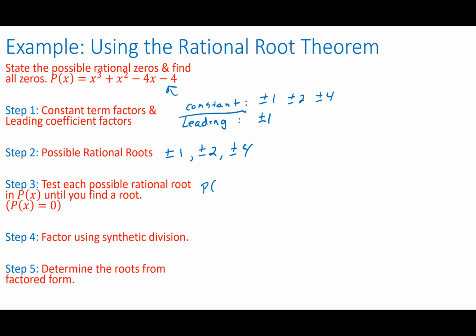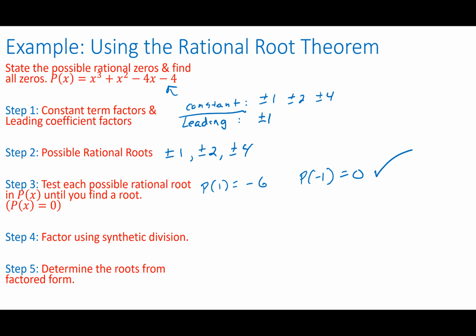So if I did P of 0, or let's go P of 1, sorry, not 0. P of 1, I will tell you, is -6, simply putting it in there. If I did P of -1, I get 0. That's what I want.